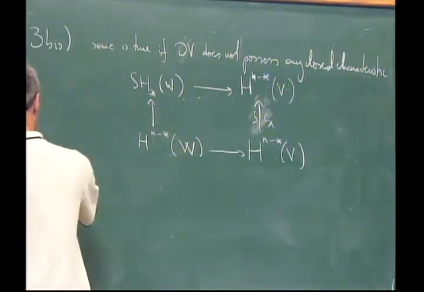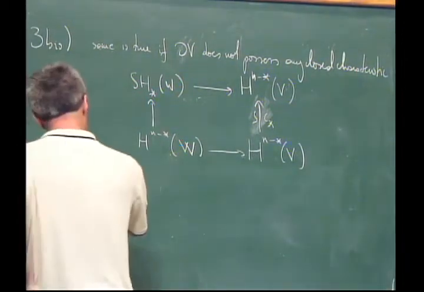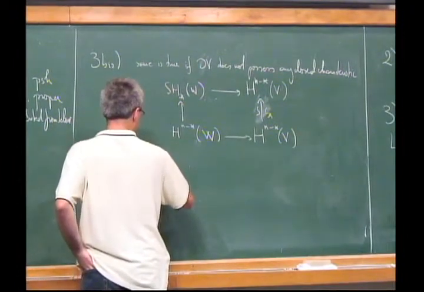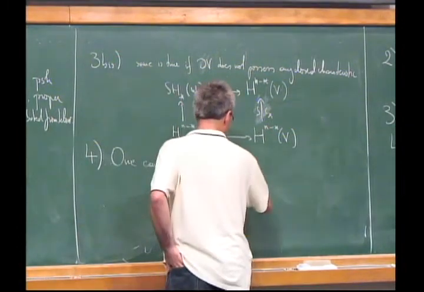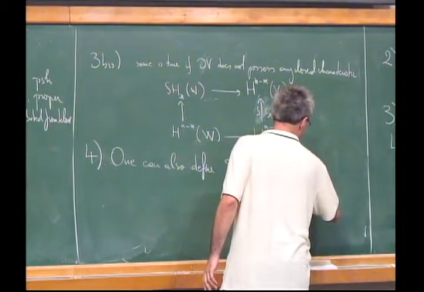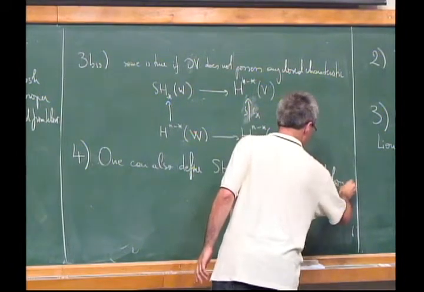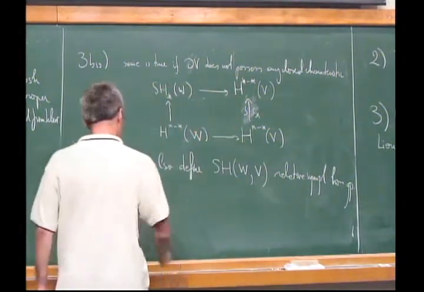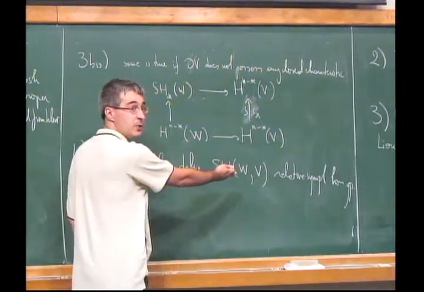And then 4, one can also define a relative symplectic homology group. So this one fits in a long exact sequence associated to the pair.